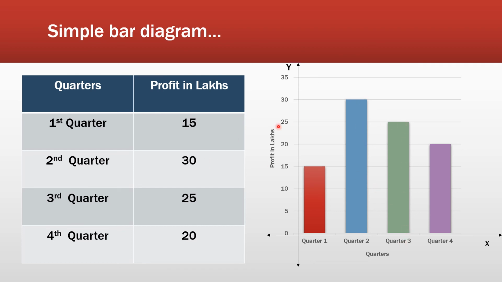Quarter 3, the profit is 25 lakhs, which is shown here. And quarter 4, the profit is 20 lakhs. So just visually, it gives you a good feel of the data. You are able to interpret or analyze or even compare your data. So you can clearly see that in the second quarter, the profit was the highest. So it's so easy to interpret a diagram, isn't it?